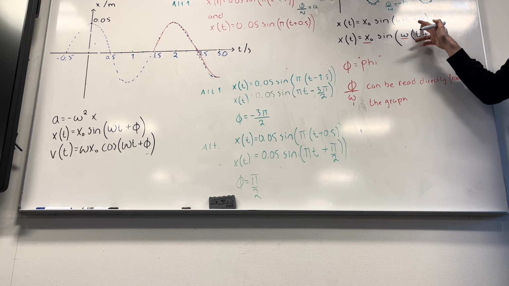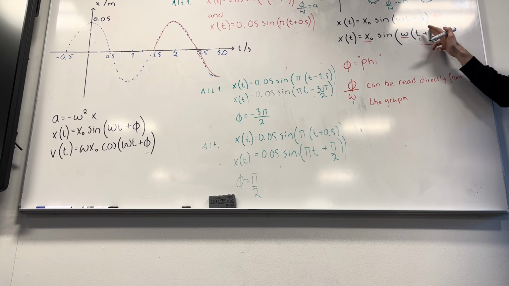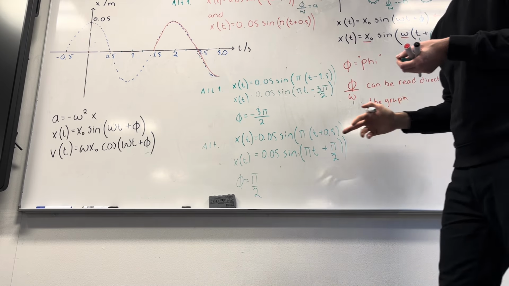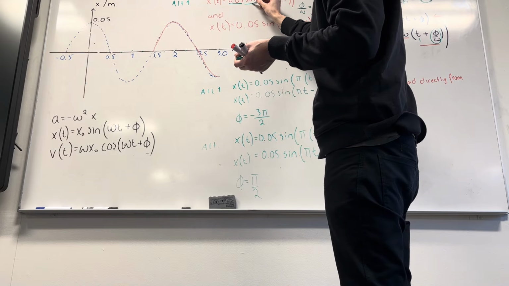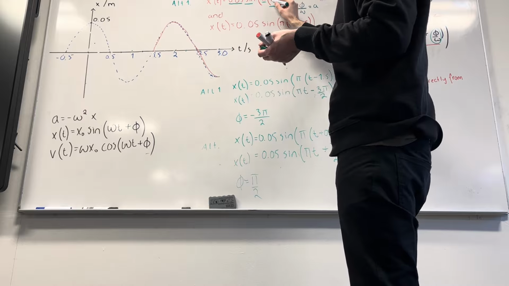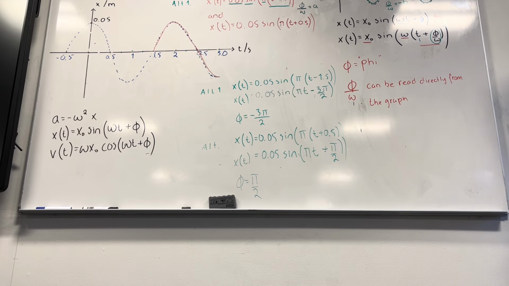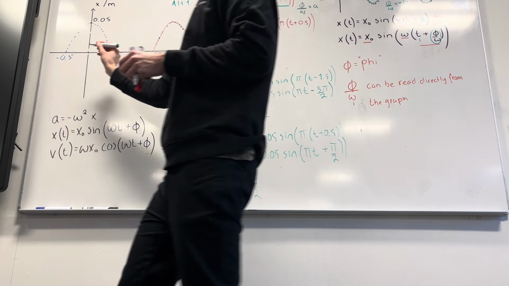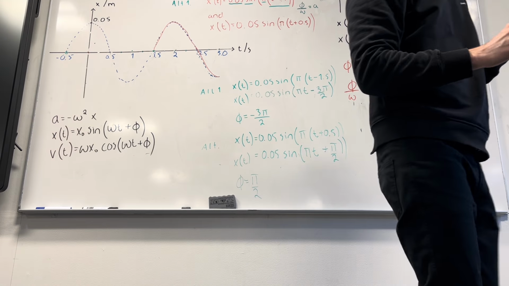I can't read off the phase difference directly, but I can read off what the phase difference divided by omega is. That's why I like to start by writing x0 times sine omega, then the brackets, and then t minus or plus either that value here or that value there.